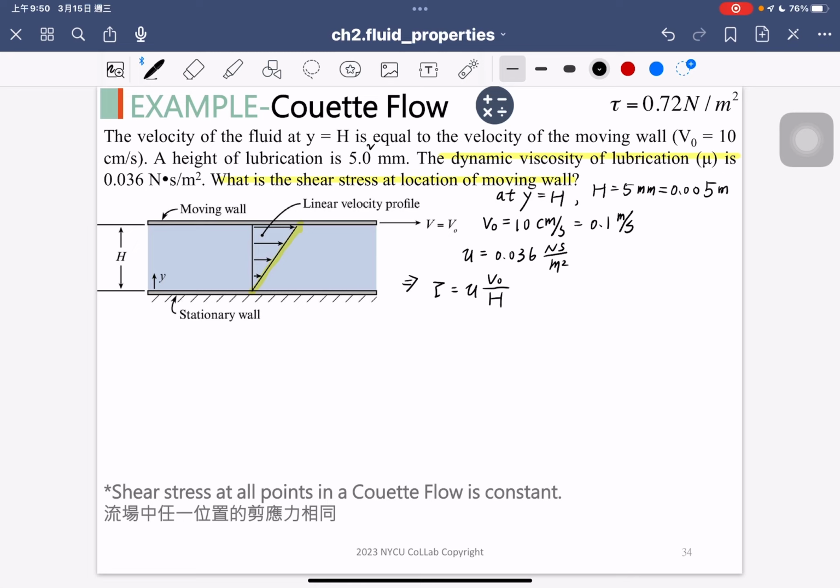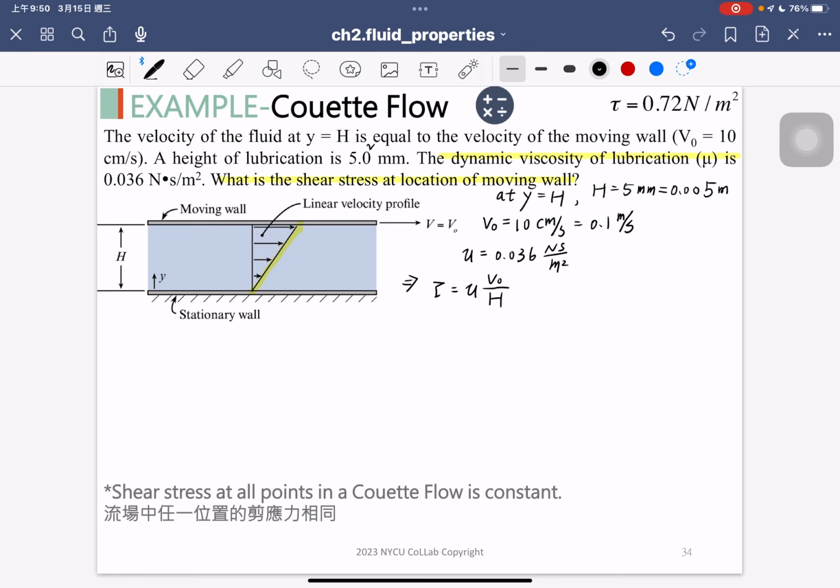Okay, so the question is very simple. We just put in all the numbers we know and calculate the shear stress. And we don't need to consider which point we have, because anywhere has the same shear stress.